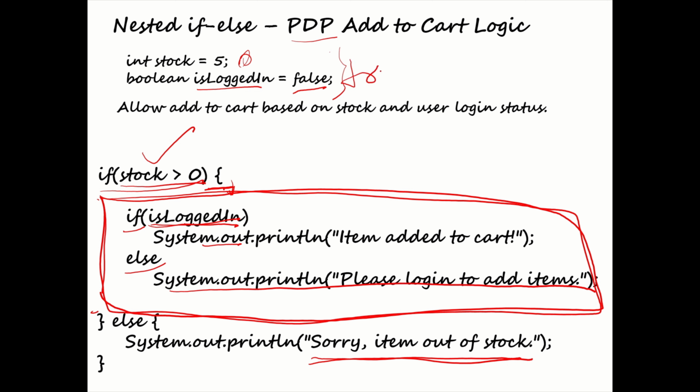In case this is true, then this statement will be executed. Once this statement is executed, there is nothing else to execute in this block, so the JVM will go to the last. It will go out of this if else block, and if any other statements are there, it will execute those.